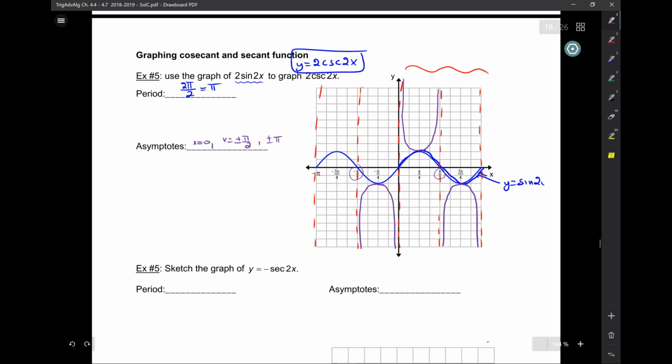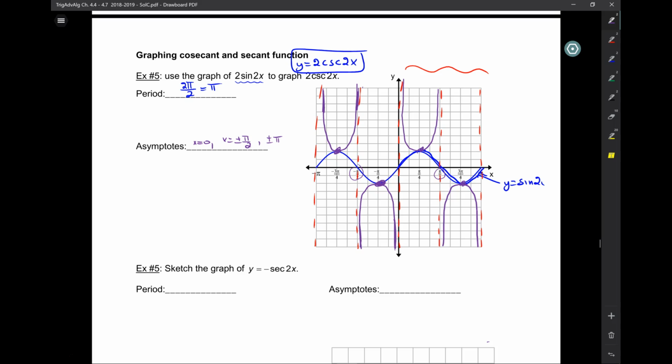It's a little bit thinner or wider, that doesn't matter. The main thing is the asymptotes. It has to be going up or down like the asymptotes are, and then it has to touch these points. That's it? That's it. That's easy.